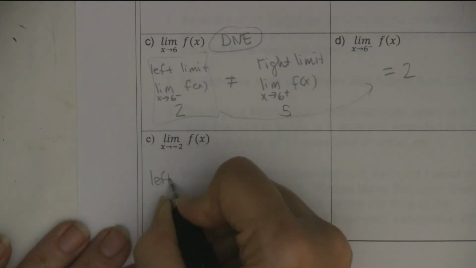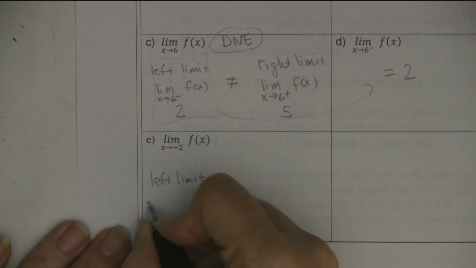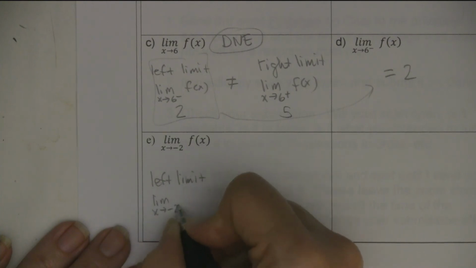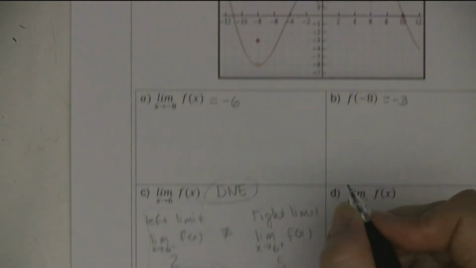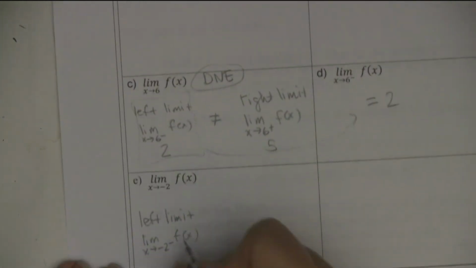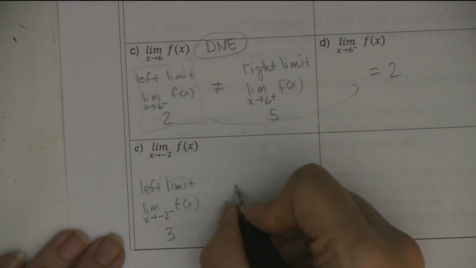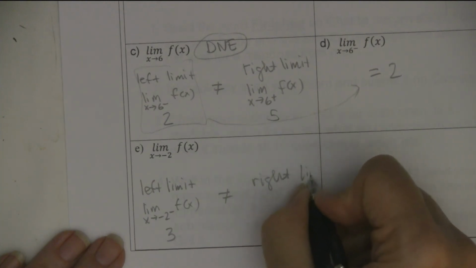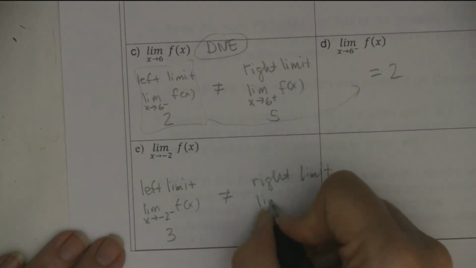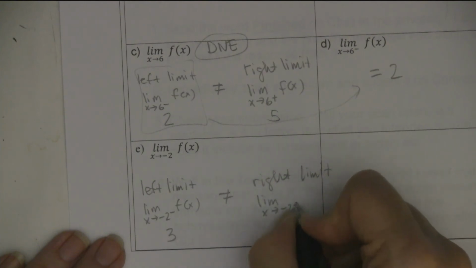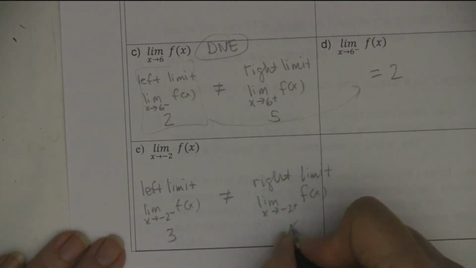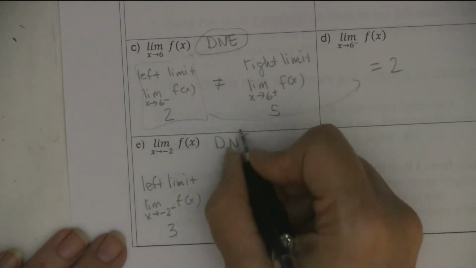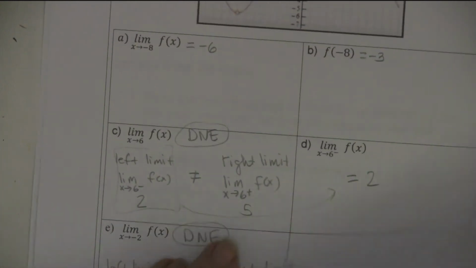So the left limit as x, so here I am writing a lot, was approaching 3, whereas the right limit looks like it's going to positive infinity. They're not equal to one another, so this does not exist. And so that was the story on that one.